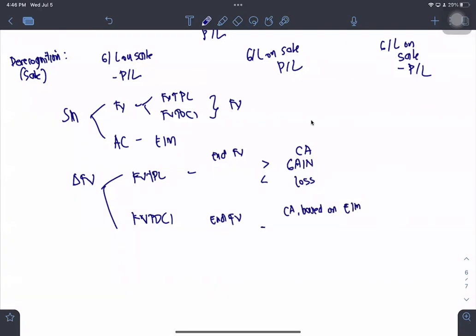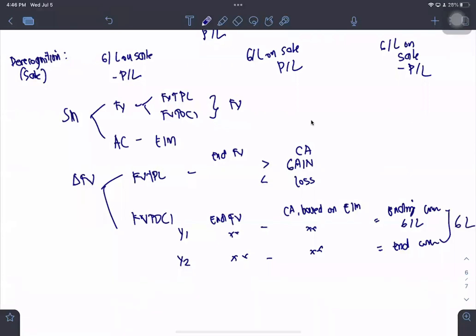The difference between the two is known as the ending balance of cumulative gains or losses. So let's say for year 1, year 2, there will be amounts here. So again, this is the ending balance of your cumulative gain. So the difference between both ending balances is considered the gain or loss.